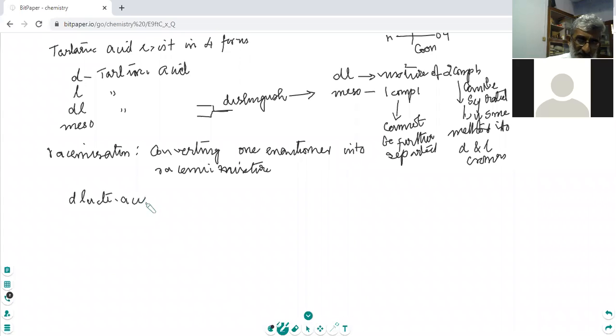D-lactic acid having the structure C double bond O, single bond OH, C, OH and CH3. This is D-lactic acid.